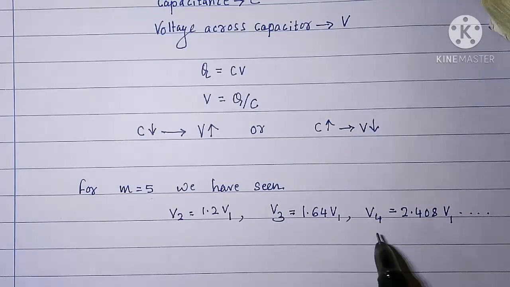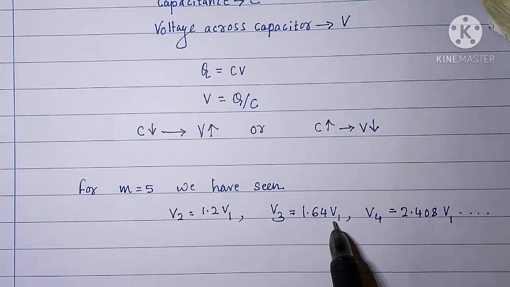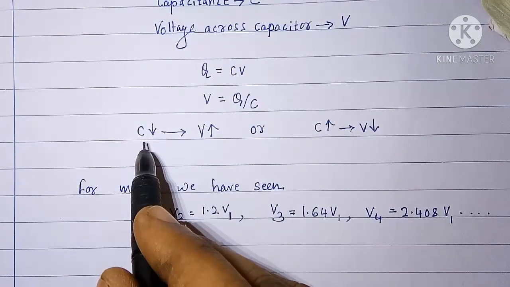To make all these voltages equal, we have to increase the value of voltage across the units which are near the cross arm, that is near to the top. That can be achieved by decreasing the capacitance of units as we go upward or vice versa.